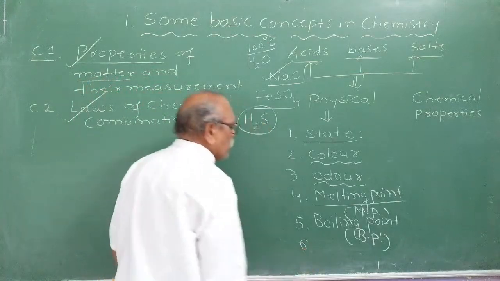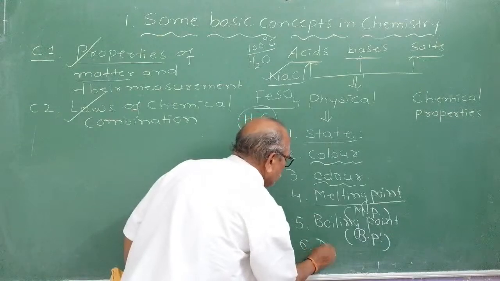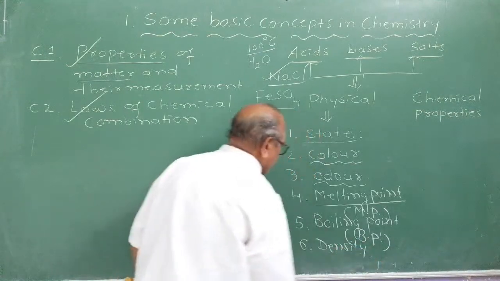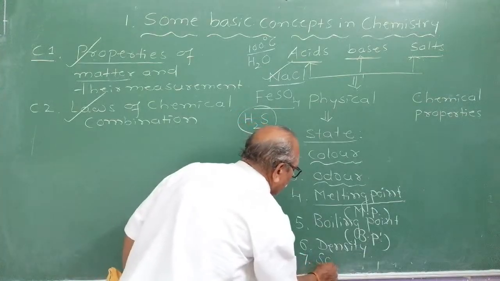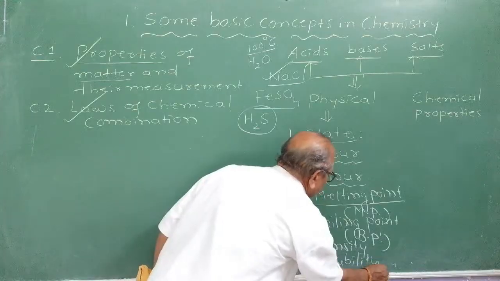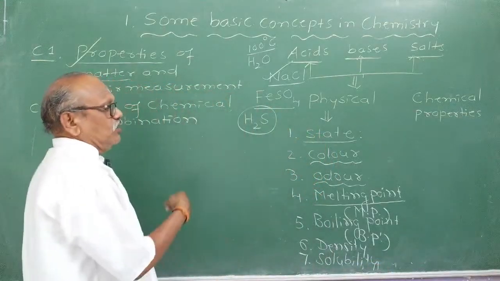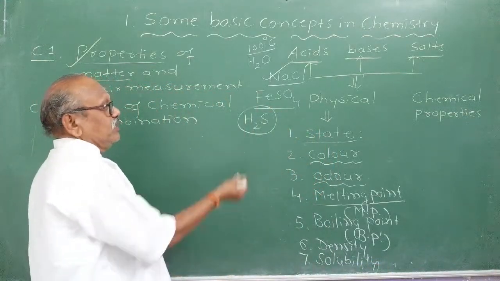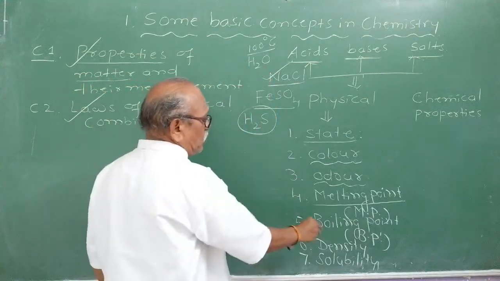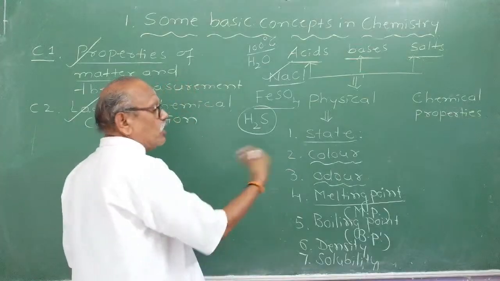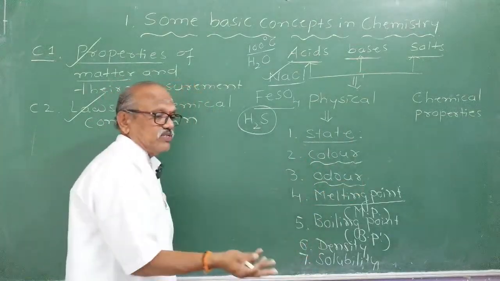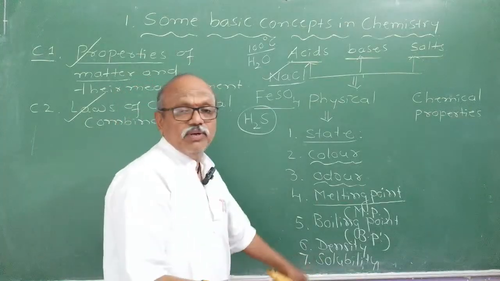Then the sixth property, if it is a solid, is density, right? And very important is solubility. Solubility means whether it is soluble in water. Generally, the polar substances, meaning ionic substances, are soluble in water, but non-ionic covalent compounds like organic compounds such as kerosene and oil are insoluble in water.